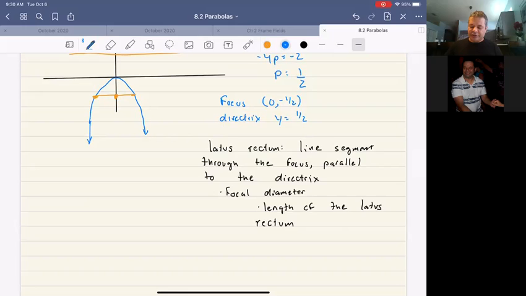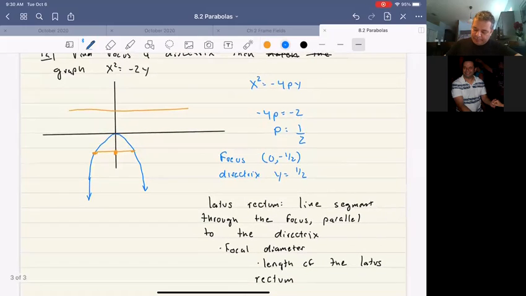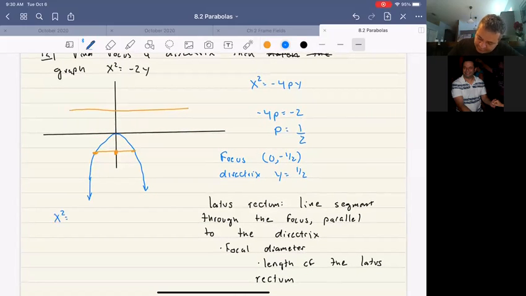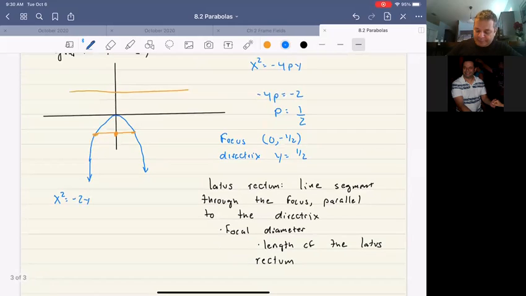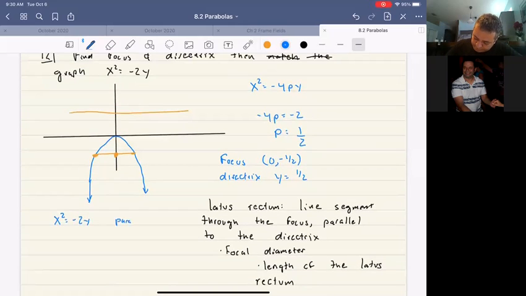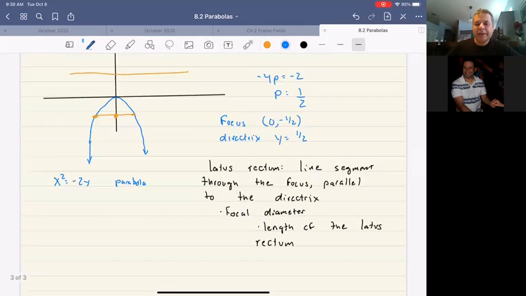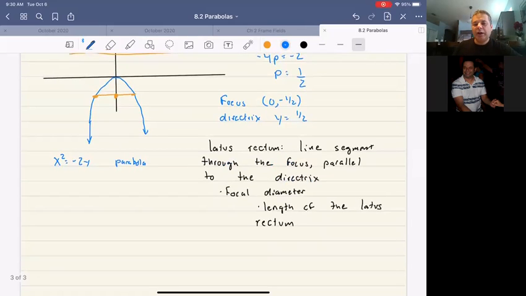So we have our equation, x squared equals -2y. This is our parabola. Our focus is at y equals -1/2. So that gives us x squared equals -2 times -1/2, or x squared equals 1.